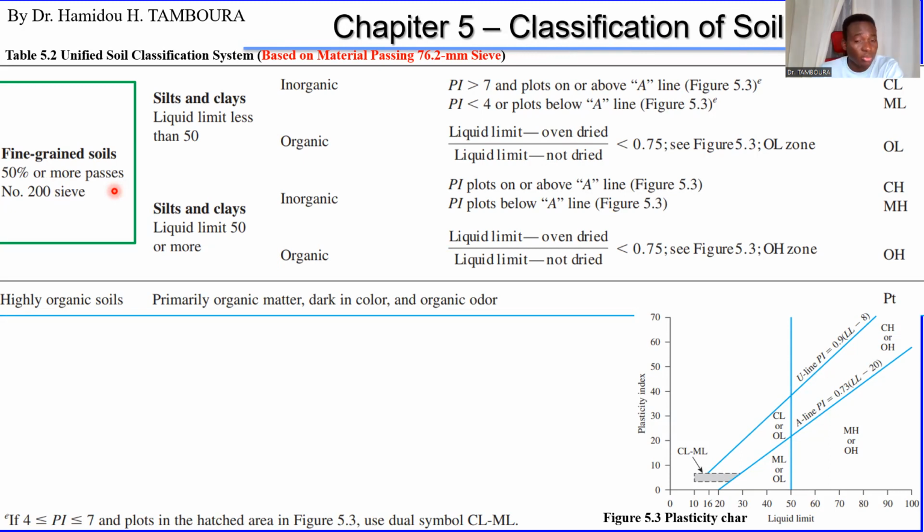Is equal or more than 50%. The amount of soil passing the sieve number 200. Okay. In that case, your soil has to be considered as fine-grained soil. And in fine-grained soil, you have two possibilities: silt or clay. Okay, silt and clay.